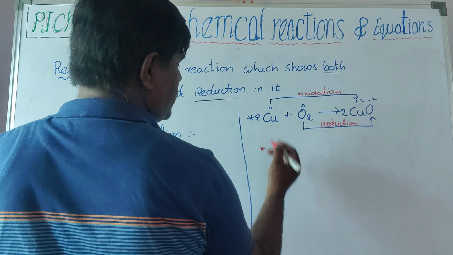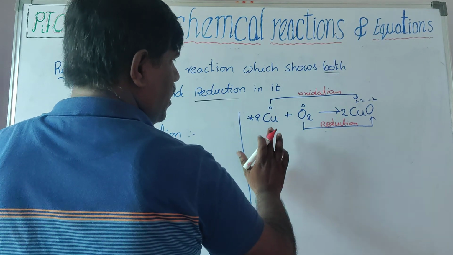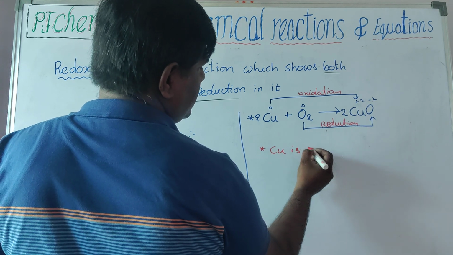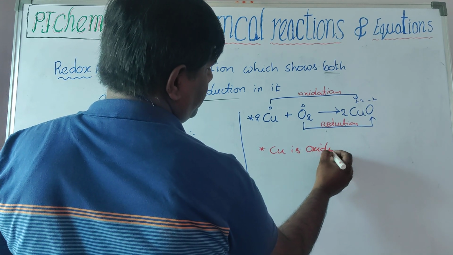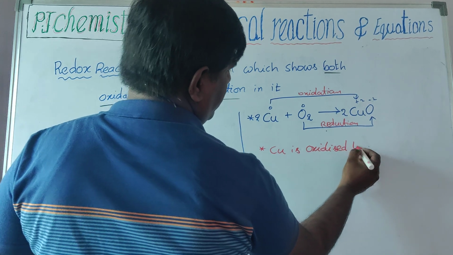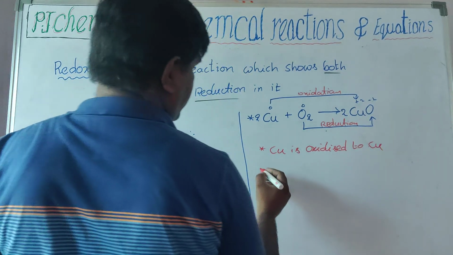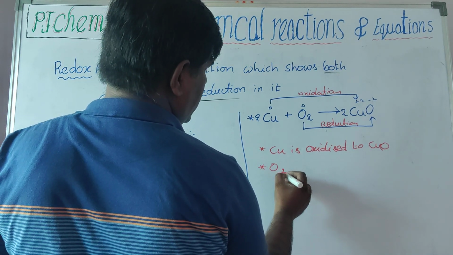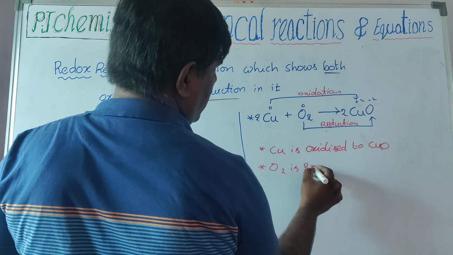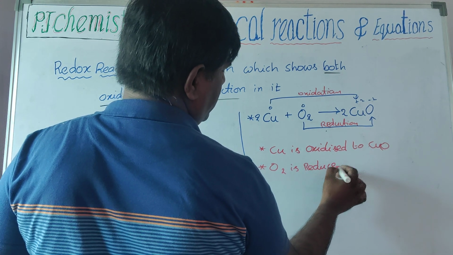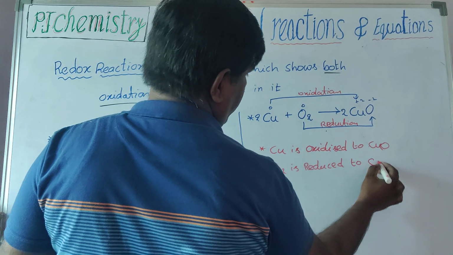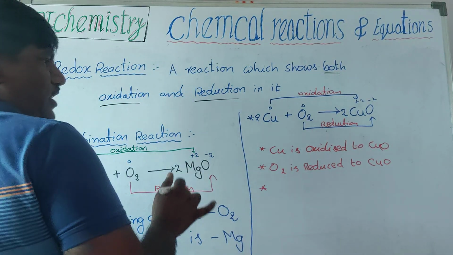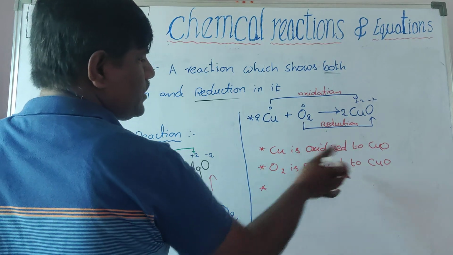So here is the answer we should write, first as per the question. Copper is oxidized to copper oxide. Next, oxygen is reduced to copper oxide. Next, which is the oxidizing agent and which is the reducing agent? What is reduced now?